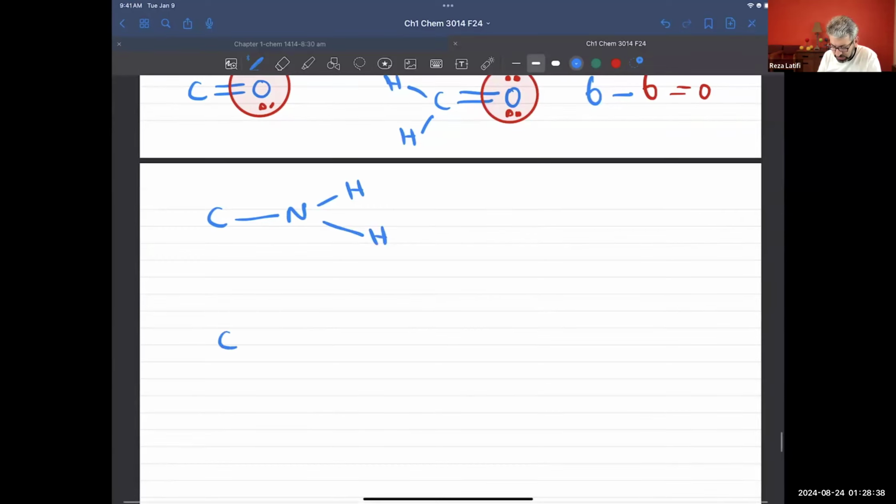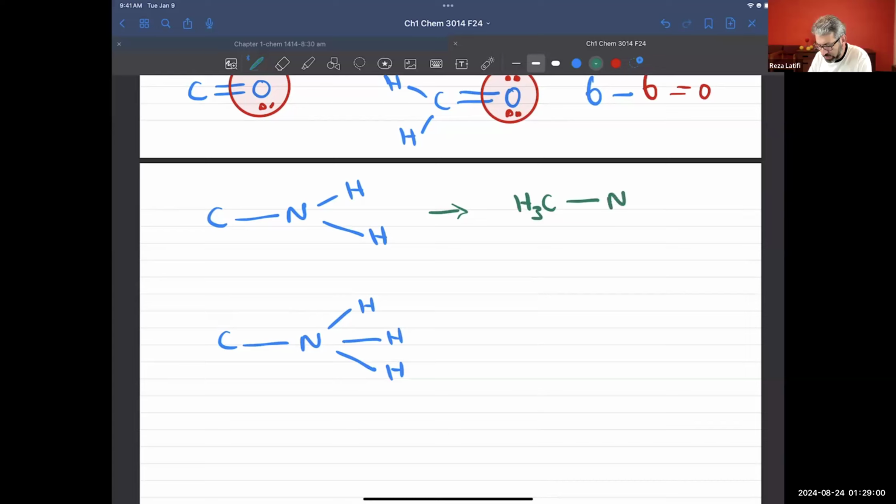And then we go carbon attached to nitrogen, and we're going to add 3 hydrogens to carbon. This one is equal to a carbon with 3 hydrogens, so I'm going to say H3 technically. And there is a nitrogen, and it has 2 hydrogens attached to it. Here again, you have H3C, and then nitrogen attached to 2 hydrogens.